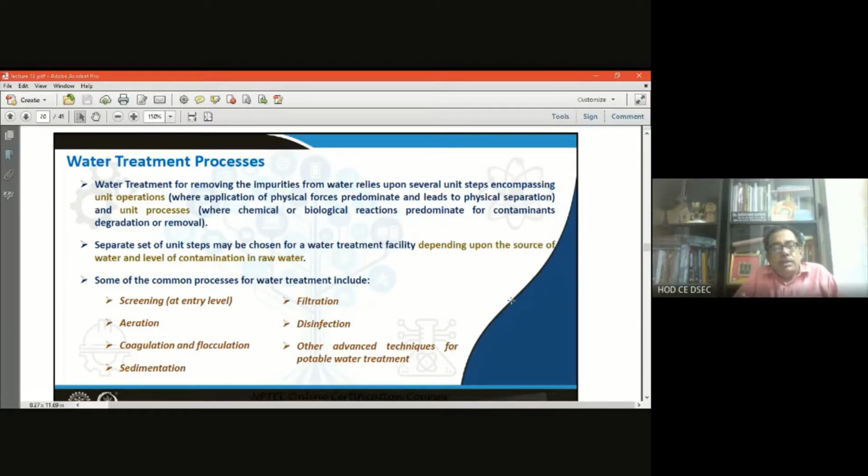And in the unit processes, the chemical or biological reactions predominate for contaminant degradation or removal of the impurities. So we have unit operations and unit processes, combined as a whole, called the unit water treatment process.